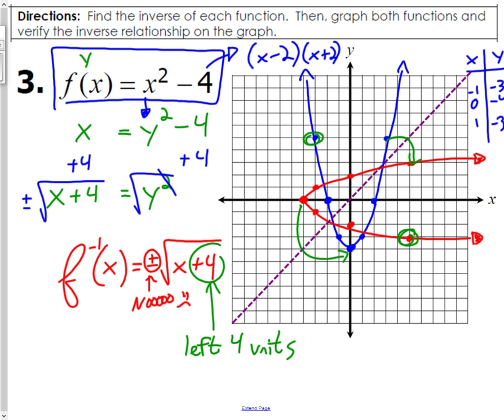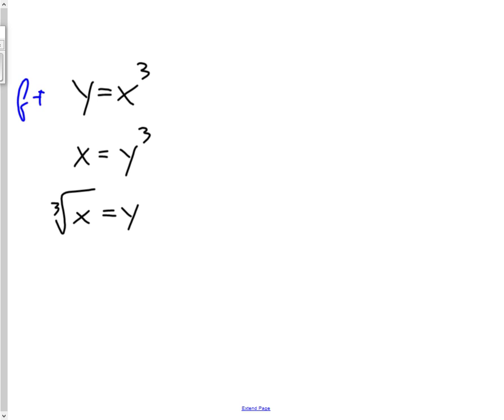Just as a heads up and as a bonus example, you could do the same thing with cubics. Let's say we had y equals x cubed, for example. If we wanted to find the inverse, we could switch it and make it x equals y cubed. In order to get rid of that cube, we could take a cube root. So this would be our function, and this would be our inverse.